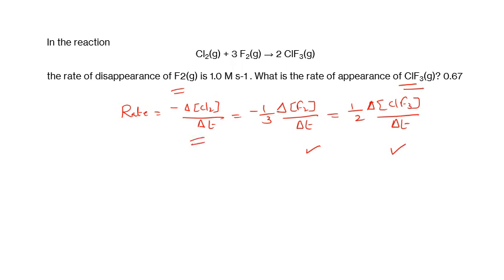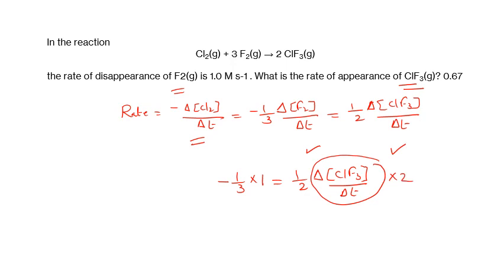So what is the rate of appearance? They gave us the disappearance of F2, so that means negative 1 over 3, and the disappearance of F2 is 1. That equals 1 over 2, and we have to calculate for ClF3. So I just have to isolate that part here. We can multiply on both sides by 2, so 2 and 2 will cancel.